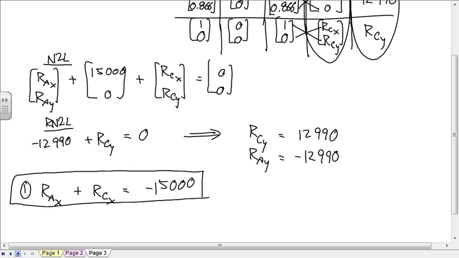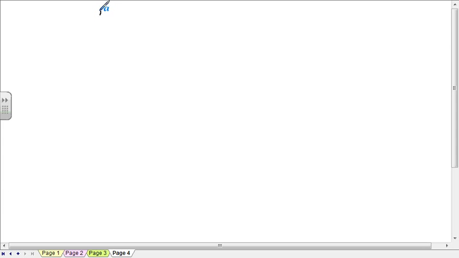And now let's go on and isolate member 1. So the loads on this are, well, we know that the y component of this reaction force we already solved is 12,990 going down. This we don't know yet. This is RAX.